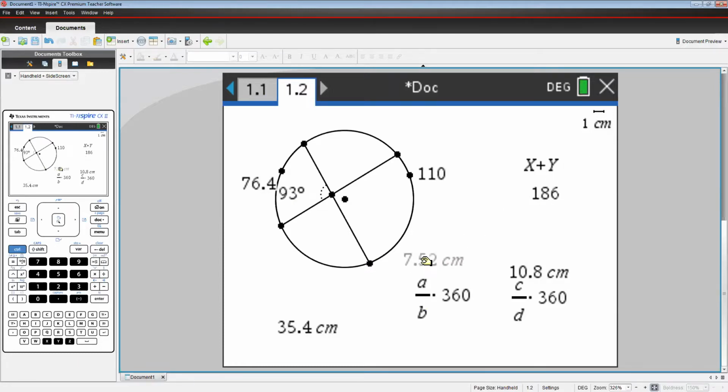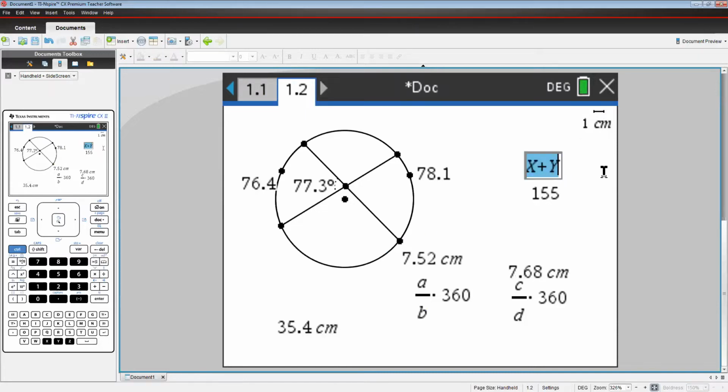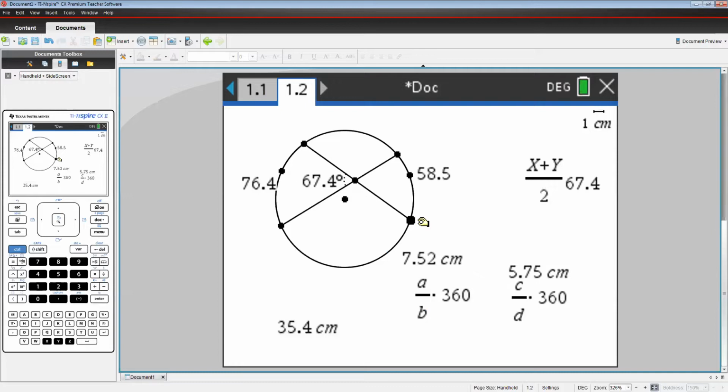So hopefully we're seeing this angle is equal to half the measure of the sum of these two intercepted arcs, right? 186 divided by 2 is 93. So let me actually include that in my calculation. Let me make this x plus y divided by 2. And now we can see they are exactly the same, 65.8, 65.8, right?